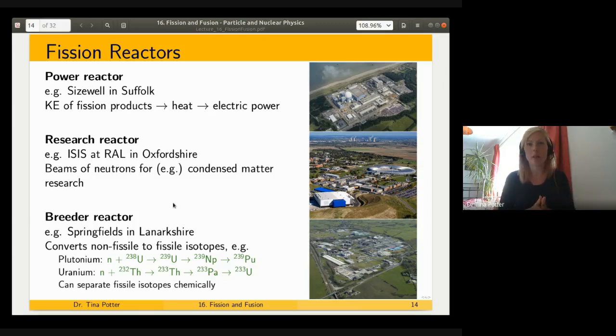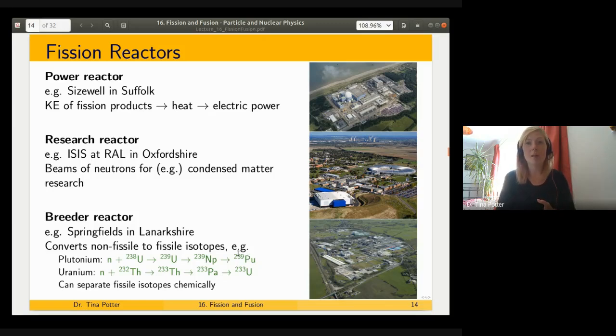For example, if you want to make plutonium, it's very, very rare in the Earth's crust, but we can make it from uranium-238, which is relatively abundant in the Earth's crust. We can have neutron capture with uranium-238 to give us uranium-239. This can change via beta decay into neptunium and then decay down to plutonium.